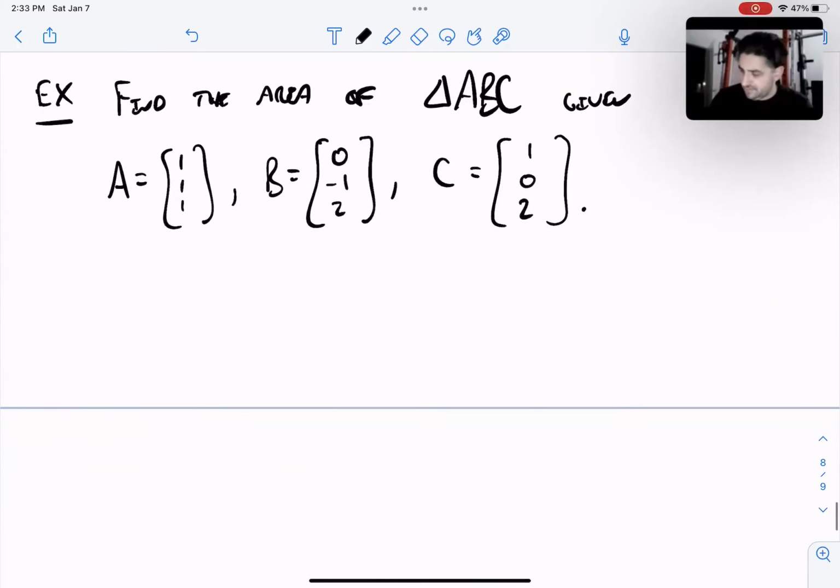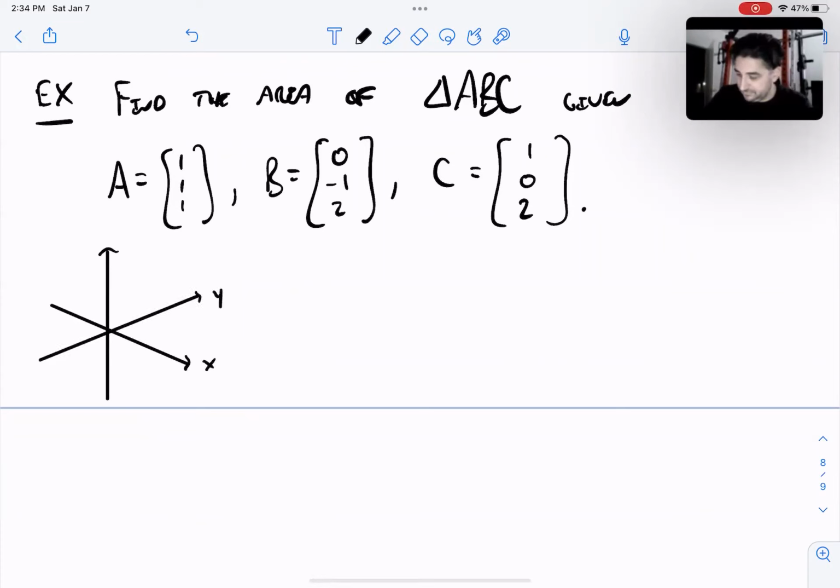What do I have? Let's draw a picture. Always a good place to start. X, Y, and Z. And then now I have this point A, so A is 1, 1, 1. B is 0, -1, 2, so B is like up here.